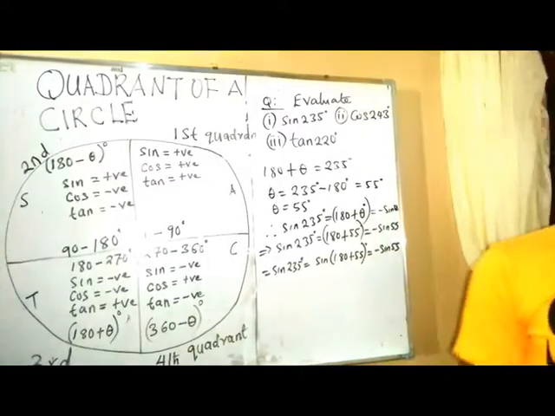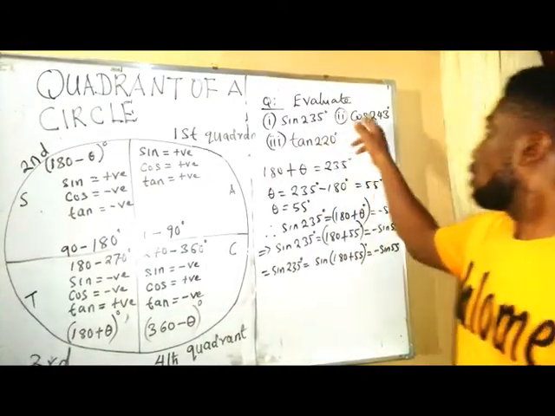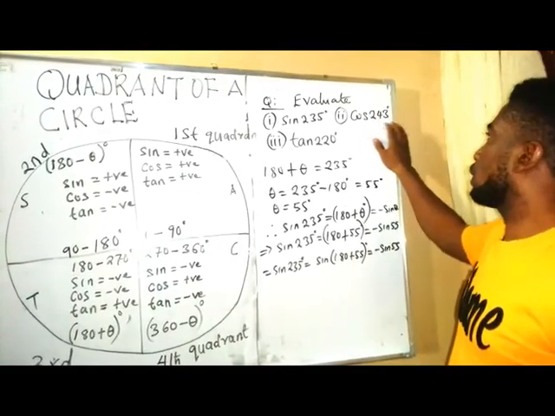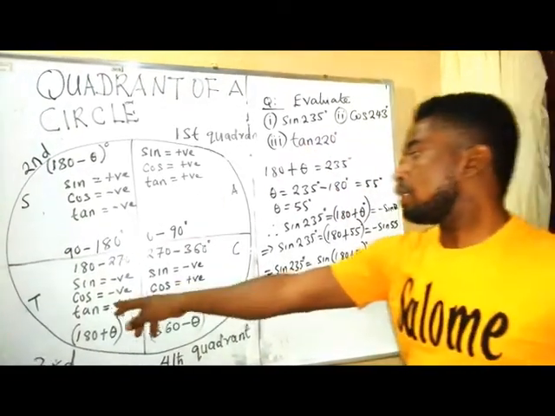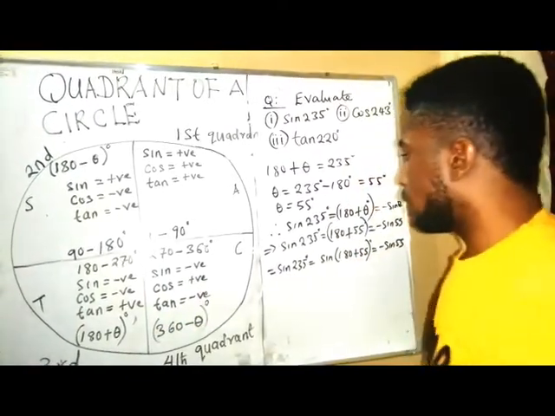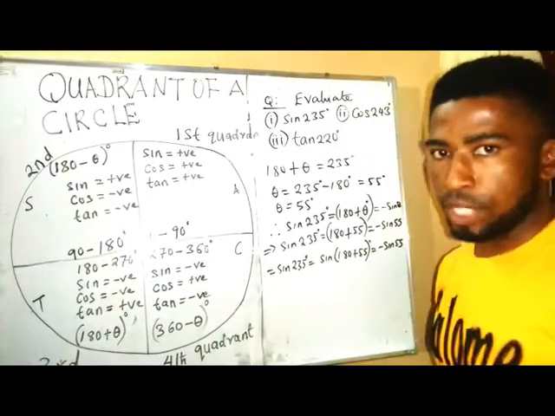So we now look at part two, cos 243, the same thing. 243 lies in the third quadrant, and remember in the third quadrant we have 180 plus theta.